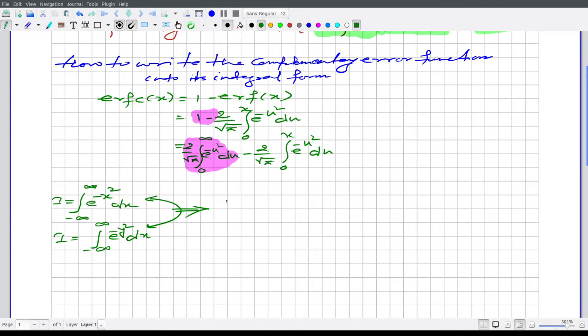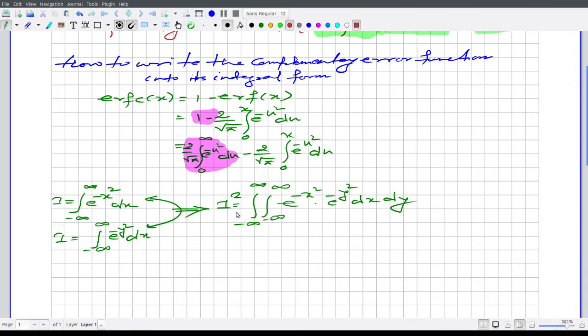So we can write this as I square, minus infinity to infinity, minus infinity to infinity, e to the power minus x square, e to the power minus y square, dx dy. Is it okay? We have to use the concept of the double integral, because if we go for this using the single integral, it is very difficult to solve such an exponential problem.